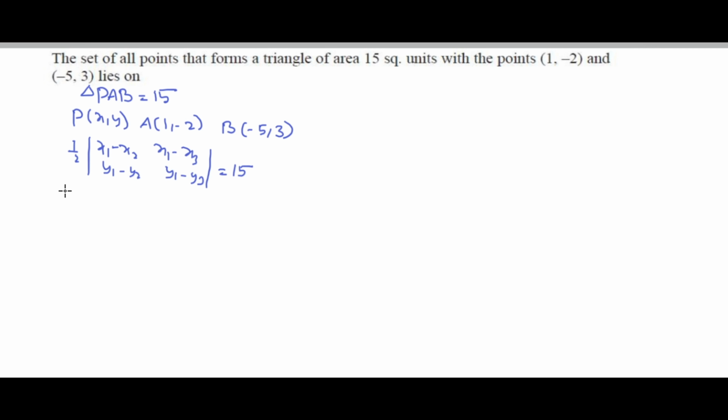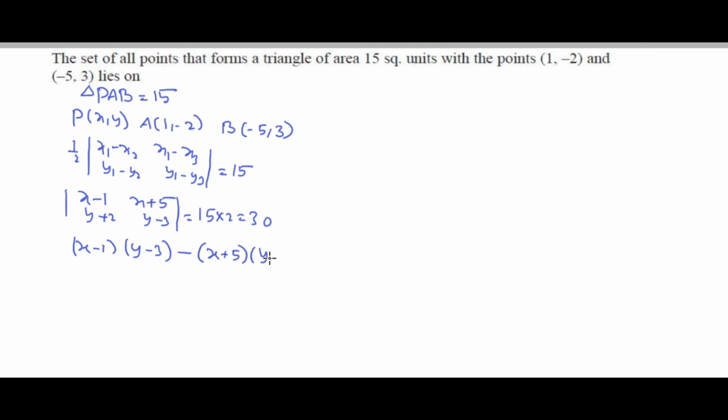That is, x1 is x minus 1 and x plus 5, y plus 2, y minus 3 is equal to 15 into 2, that is equal to 30. So the determinant of this value is (x minus 1)(y minus 3) minus (x plus 5)(y plus 2) is equal to 30.